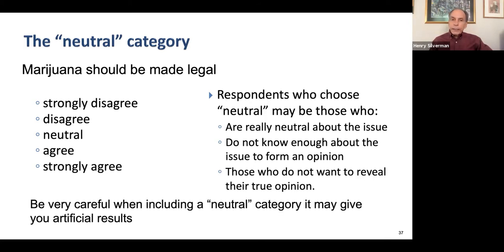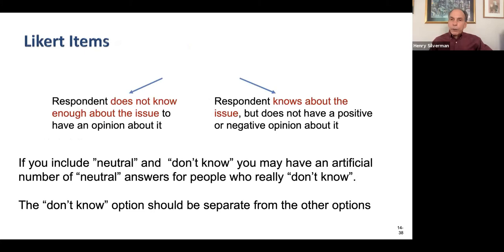So you really need to have a neutral category, and if you think it may be applicable, you want to have a separate category, don't know. The respondent does not know about the issue to have any opinion or attitude about it, or the respondent knows about the issue, but does not have a positive or negative opinion. So I urge you to consider, in addition to a neutral category, an I don't know category.